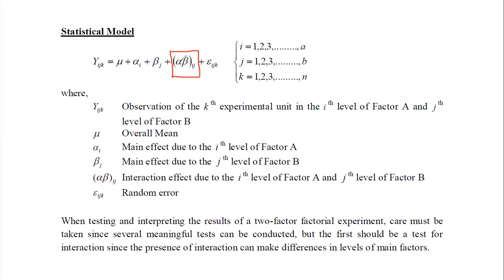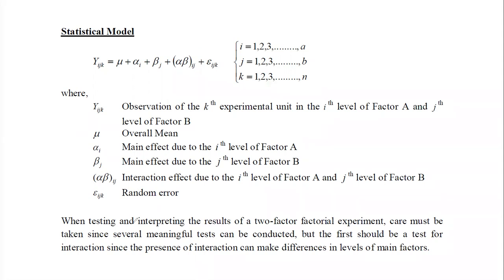The interaction term is alpha beta, denoted by the subscripts i, j. It is actually a combination. Then epsilon ijk is the random error.